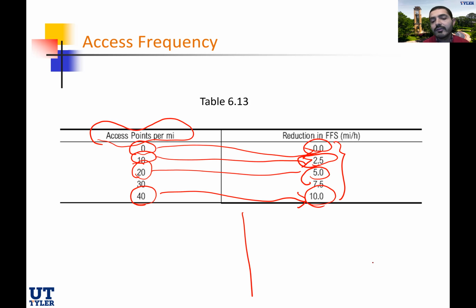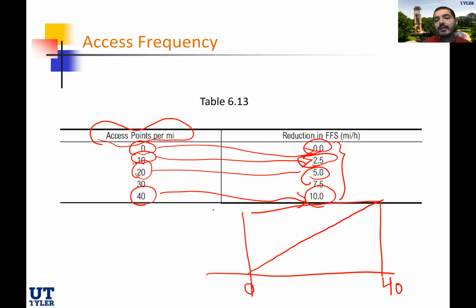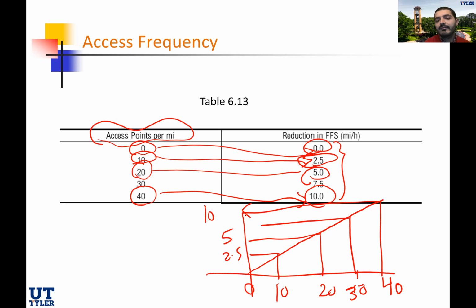If I draw a line between 0 access points and 40, 40 will be at 10 miles per hour, 20 will be 5, 10 will be 2.5 miles per hour, and 30 will be 7.5. Anything in between, you do a little interpolation.